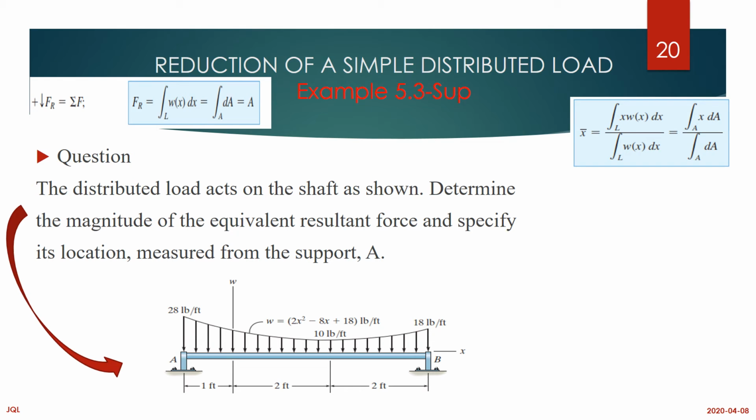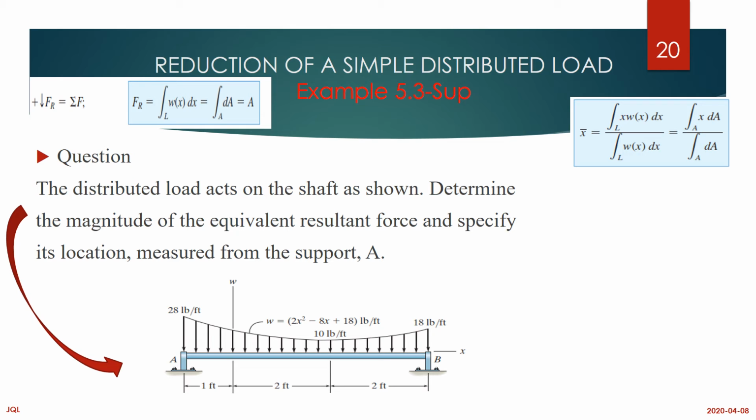What we do, we first find the area under this curve. Once we find the area by using this equation, once we find the area under this curve, that will be our FR. Once we have our area, the next thing is now to find the volume. How do we get the volume?